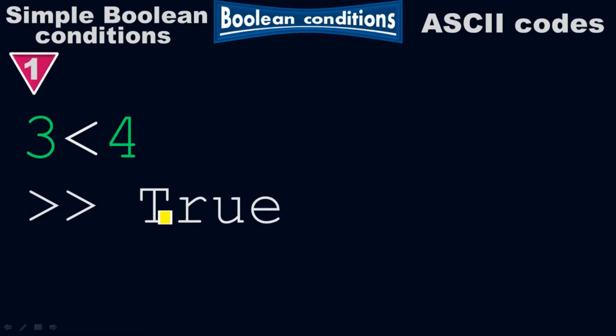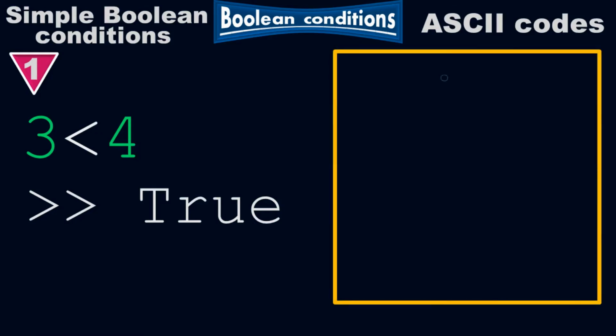But what is the logic behind this in Python? What is the technicality where we can say that yes, it is true that 3 is less than 4? There are ASCII codes for each character and each digit in computer memory. So let's do it. If you take the ord of 3, you will get 51.